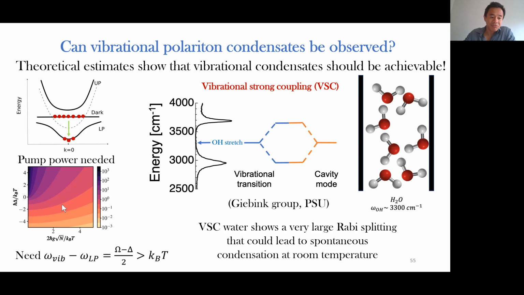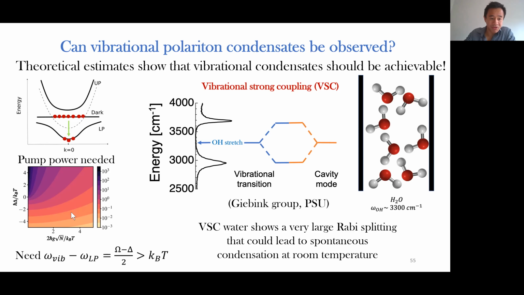So what we see is that if you make a plot of the amount of excitation that you need to dump per molecule, for example, this lower region, which is 0.1 excitations per molecule, you can see that if the detuning is negative, so the lower polariton is more photon-like, then you can achieve, in principle, polariton condensation with vibrational strong coupling, right?